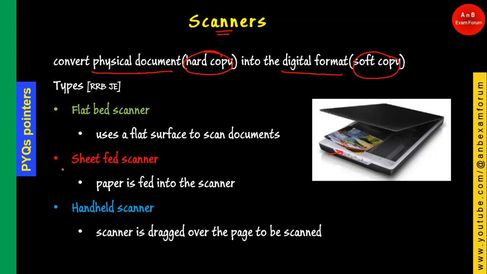Similarly, the second one is sheet fed, where you feed the sheet from the top or the bottom, and the paper is fed into the scanner, which scans and stores the digital copy in your computer. Handheld, like the Camtasia, you just scan with the help of the handheld scanner, and the page gets converted into digital format. These are the three scanner types which are generally asked in the exam.